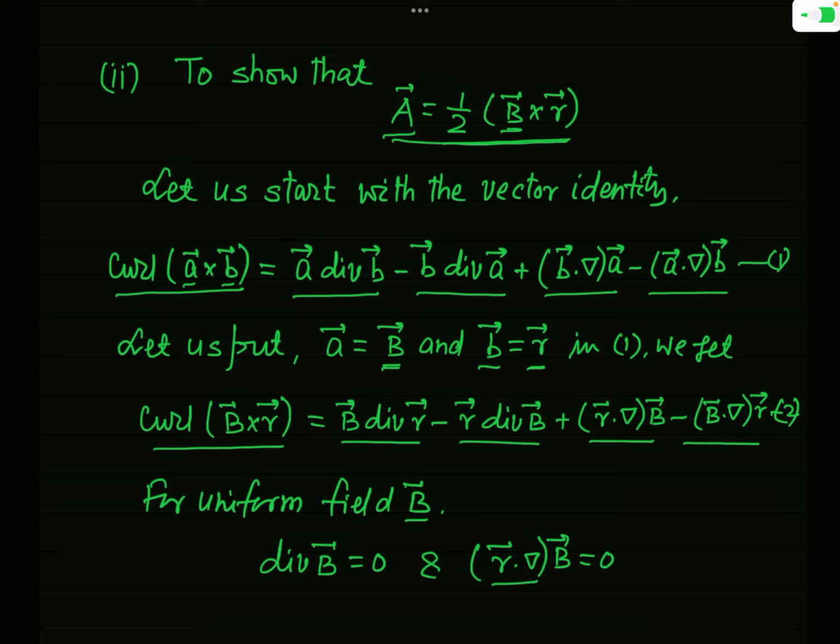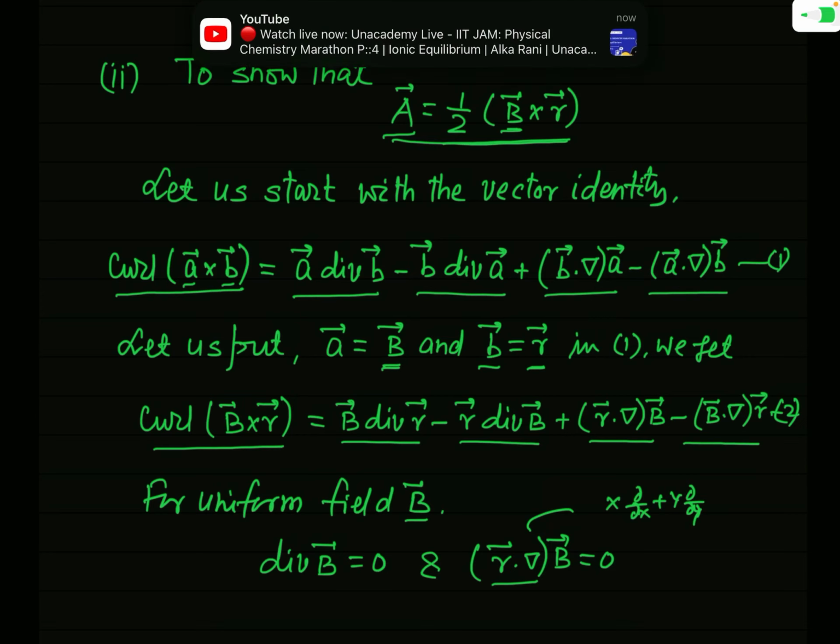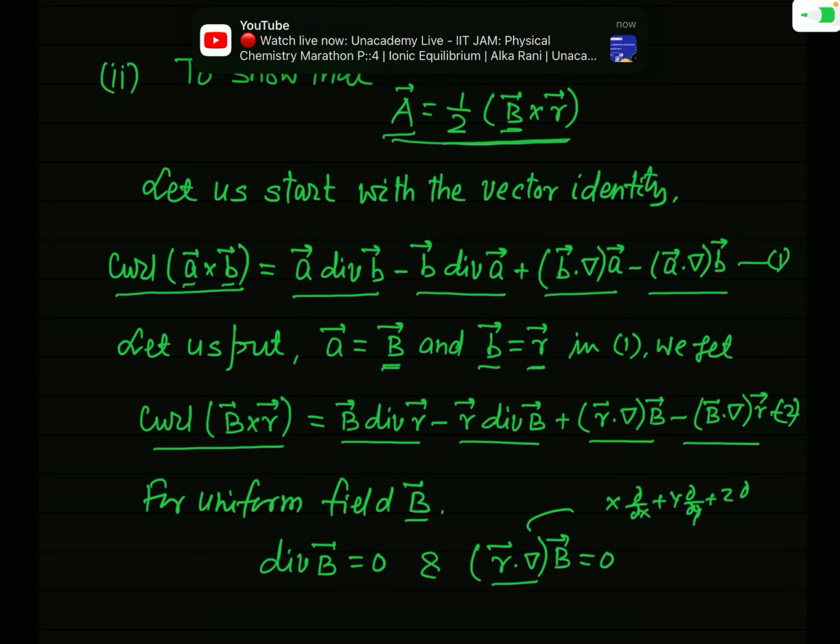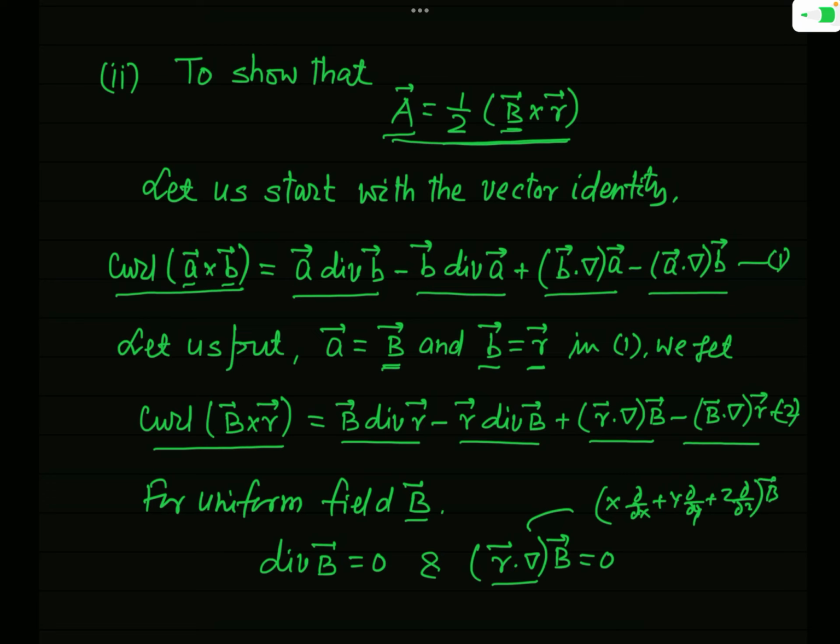Because R dot del is simply x del by del x plus y del by del y plus z del by del z. And this operator is operated on a constant vector B. So this result will also be 0.